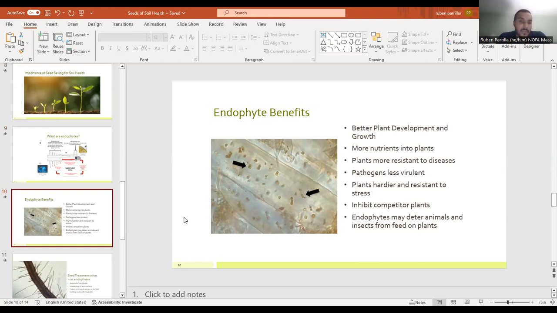Endophytes have been studied for many, many years, but for our knowledge, the most common endophytes that we knew of before this rhizophagy cycle were fungal endophytes.